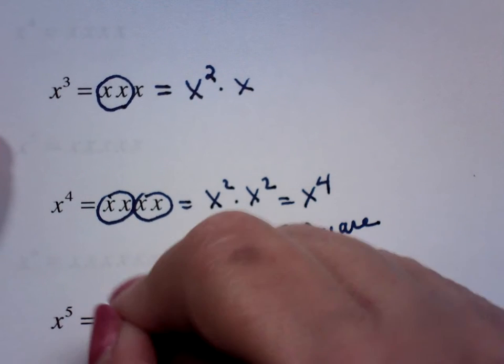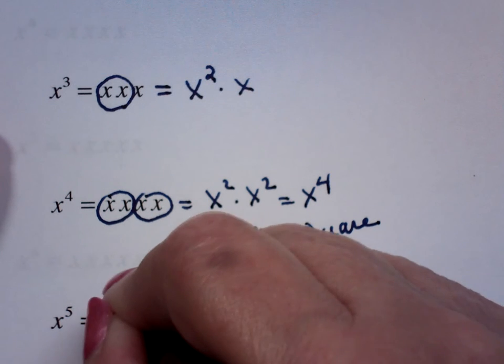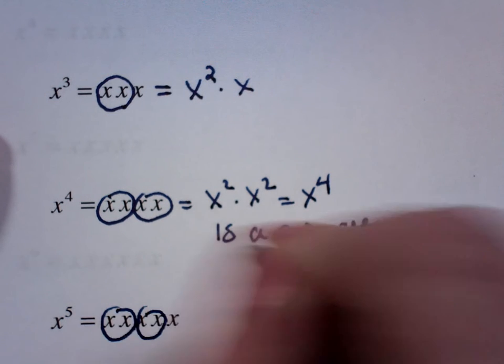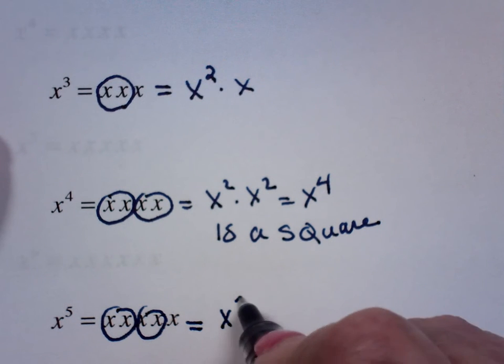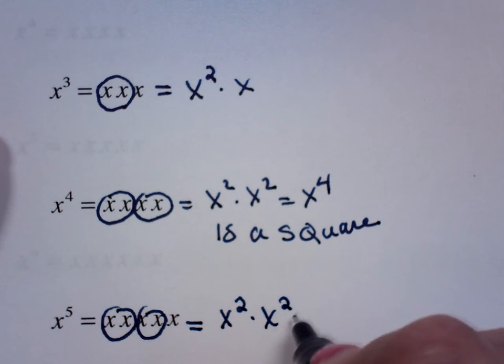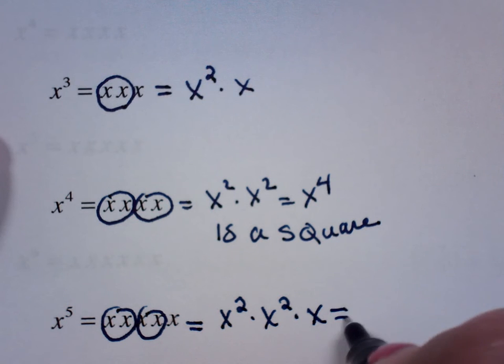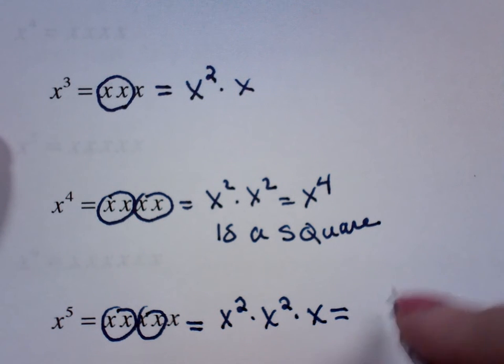If I look at x to the fifth, there's a pair, and there's a lone x. So it's an x squared times an x squared times an x by itself. X squared times x squared, those are squares, so it's x to the fourth times x.